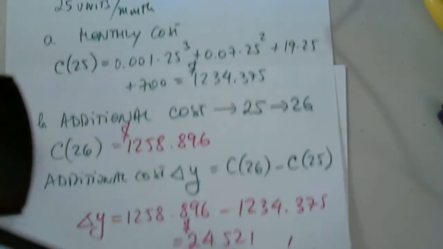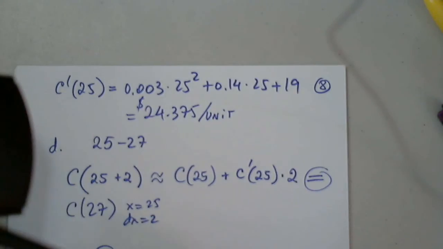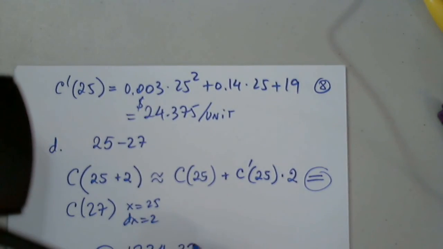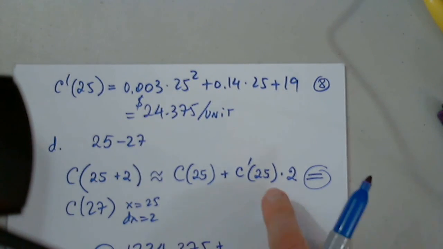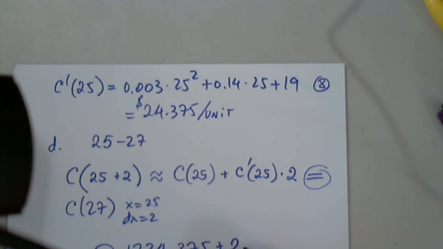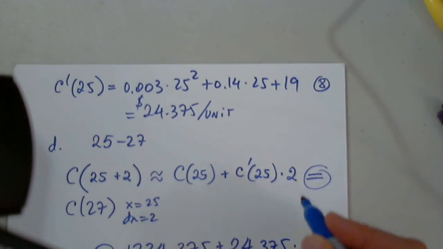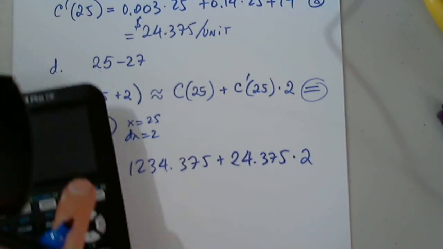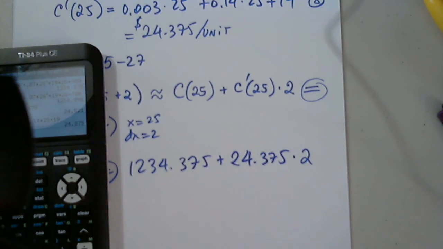C of 25 is 1234.375, plus C prime of 25, 24.375 times 2. I have it already here, so times 2, the previous answer, and then plus 1234.375.